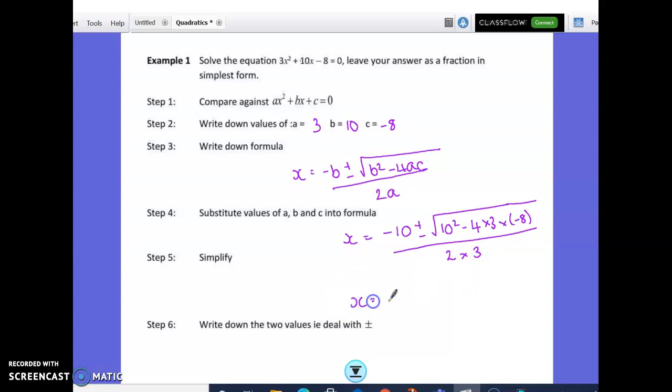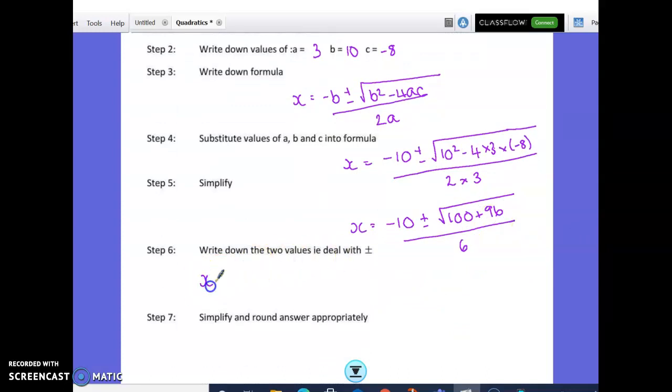Tidying it up then, x is negative 10 plus or minus the square root. 10 squared is 100. 4 times 3 times 8. 4 3s are 12. 12 8s are 96. 2 minuses make positive. So we get plus 96 all over 6.